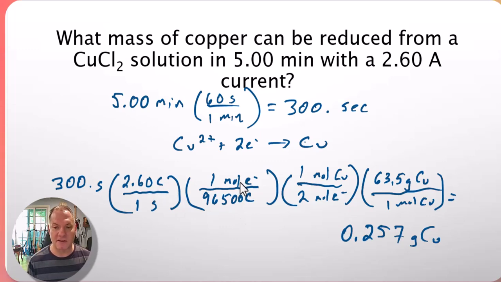I'm dealing with a mole of electrons. I know from my equation, a mole of copper is going to require 2 moles of electrons. And from the periodic table, molar mass, 63.5 grams of copper is 1 mole of copper. Therefore, 5 minutes at a 2.60 amp current would give me 0.0257 grams of copper being reduced.